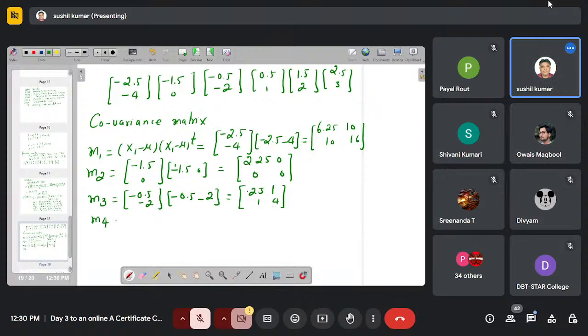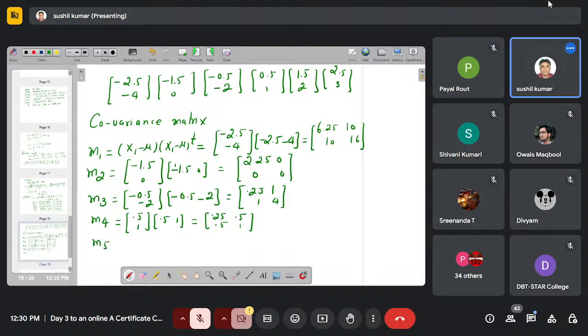Similarly, m4 I can calculate here, so it will be 0.5 and 1, and 0.5, 1. Okay, so it will be 0.25, 0.5, 0.5, 1.